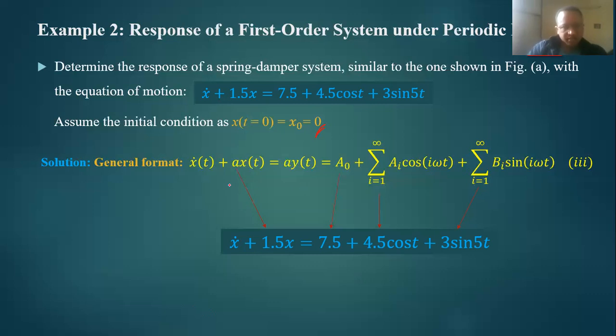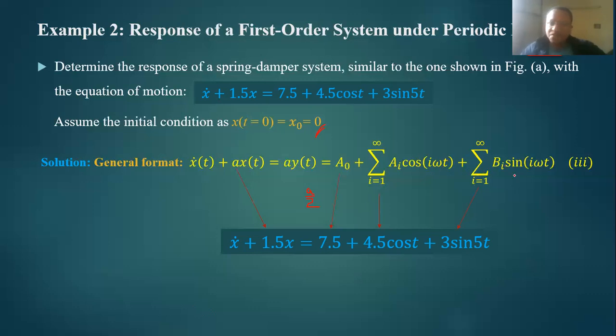From that, we have A equal to 1.5 directly from here. a naught, which is a over 2, is equal to this value. Again, the summation of ai for i from 1 to infinity is 4.5, and i omega t is equal to only t, which means i omega is equal to 1.